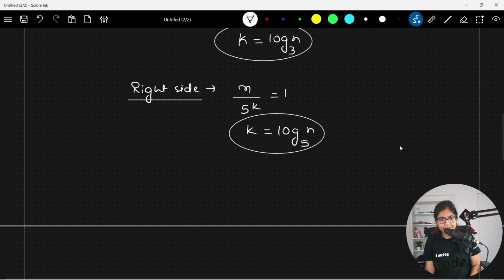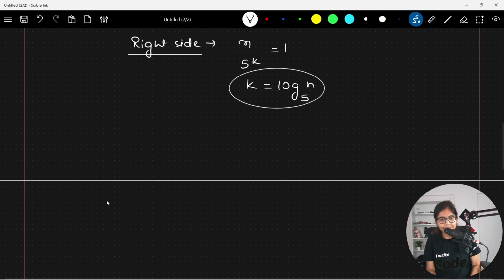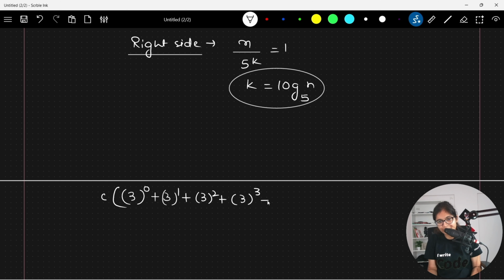So in total, we can take c as common: 3 to the power 0, plus 3 to the power 1, plus 3 to the power 2, plus 3 to the power 3, and until how many levels will it go?